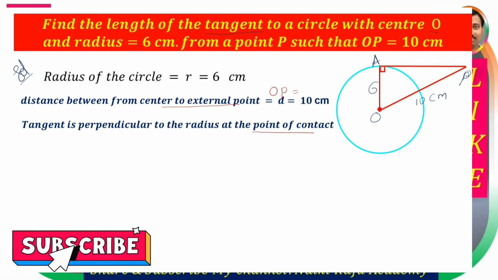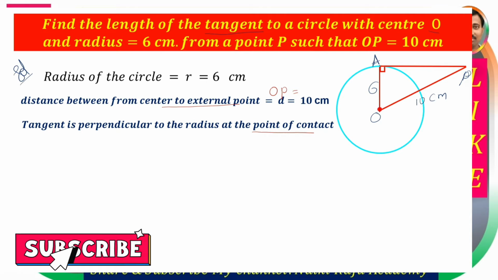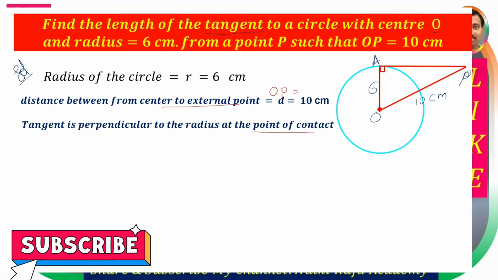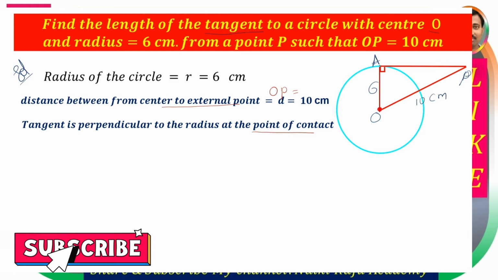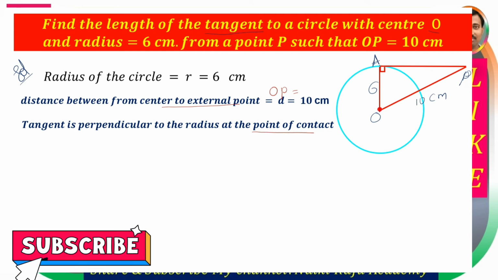Okay students, observe the triangle OAP. OAP is a right angle triangle. OA is perpendicular to PA, so apply the Pythagoras theorem.